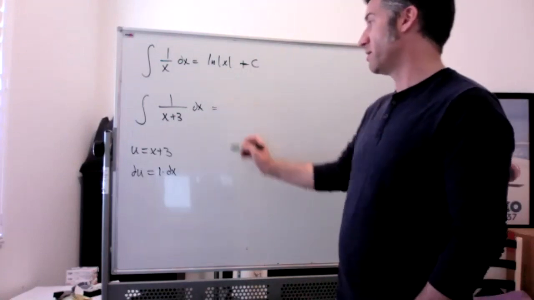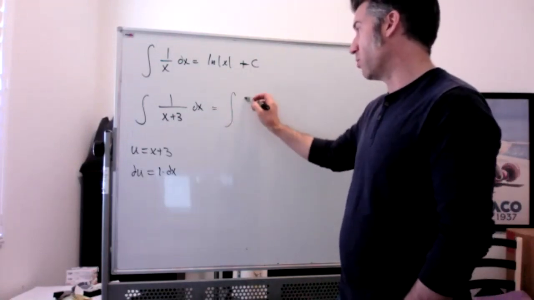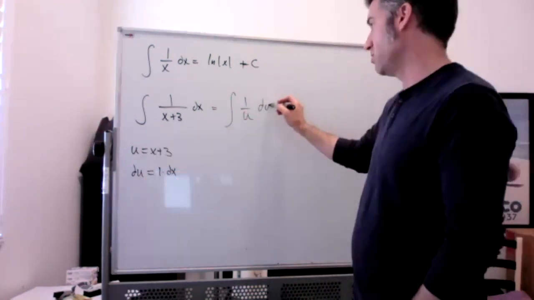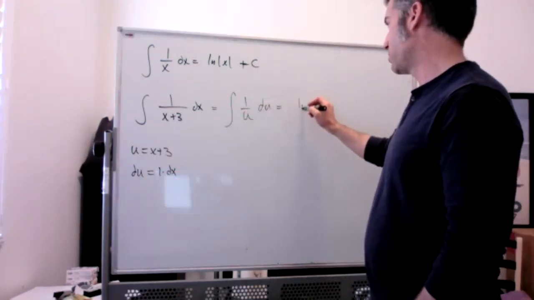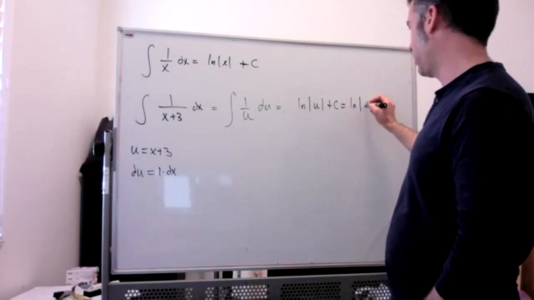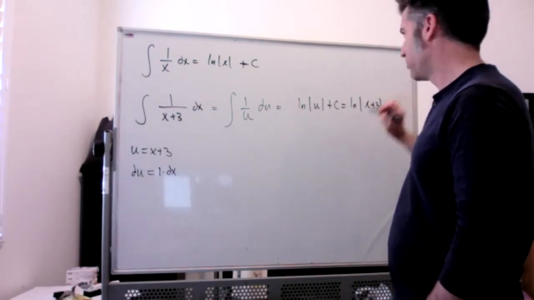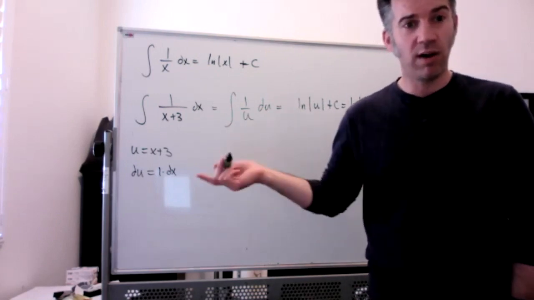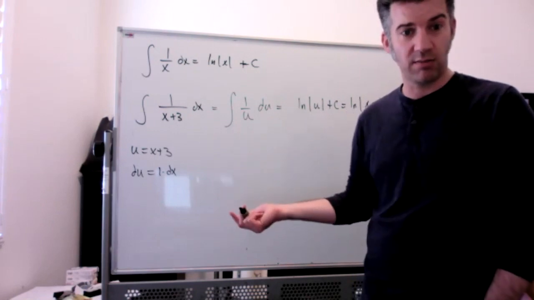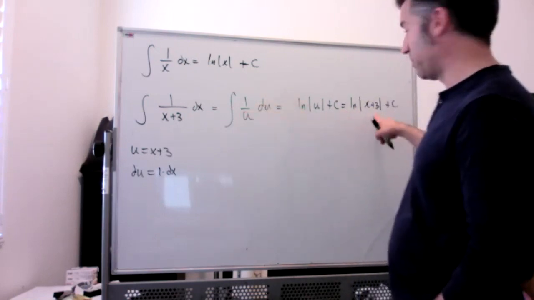Then you're going to let this be 1 over u, and du is dx, so dx is replaced by du. That's going to be the natural log of the absolute value of u plus c, which is the natural log of the absolute value of x plus 3. So if you have 1 over x plus a number, you still get the natural log of just that thing.